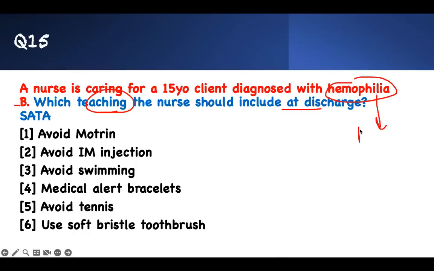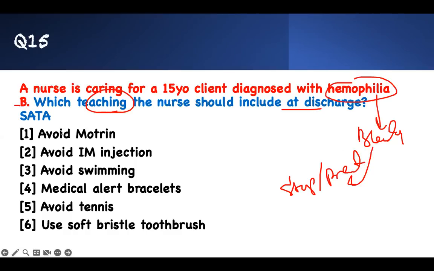This is a bleeding disorder. This is the key. Therefore, your teaching is to prevent bleeding in this patient, because they cannot clot. If they're bleeding, they can't clot until you give them the factor they need.